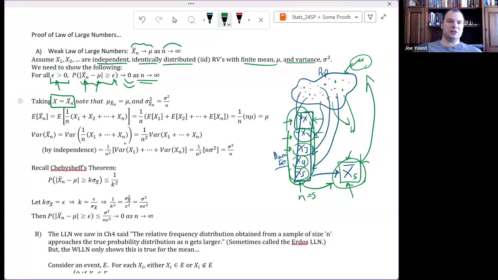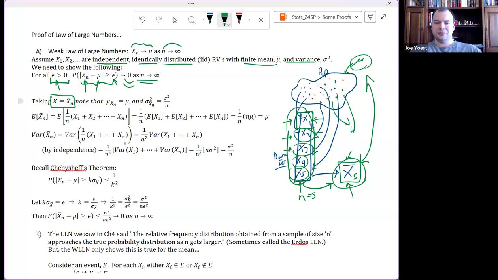And again, this leads into chapter 7. We'll see this idea again in chapter 7 when we start to build up to things like confidence intervals and hypothesis tests. But x bar n, this sample mean on a sample of size n, is itself a random variable.